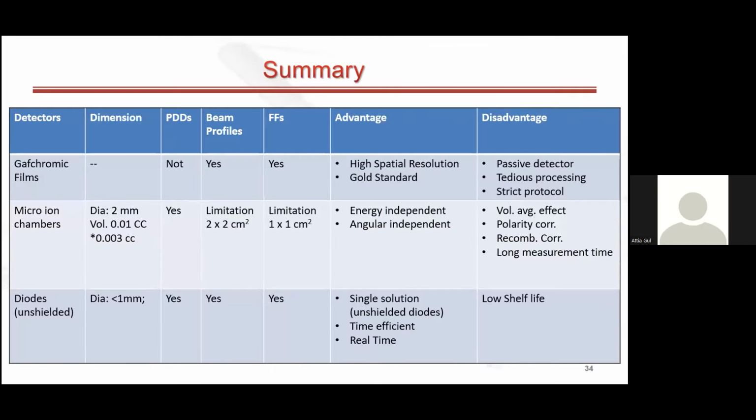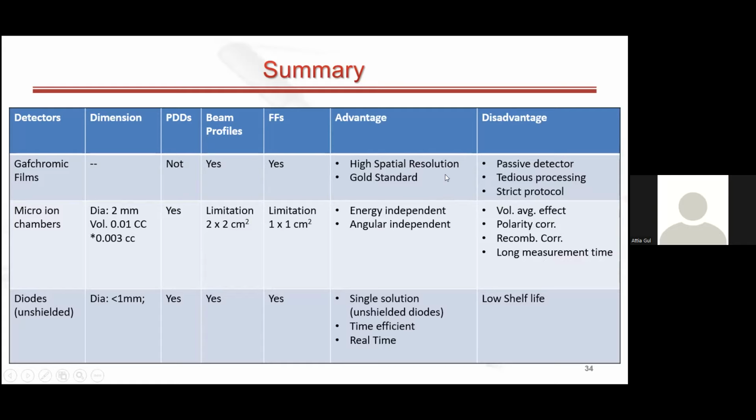So if we see the summary of commonly used detectors that we can use in small fields, starting from gafchromic films, we cannot acquire PDDs, but beam profiles and field factor measurement can be done with gafchromic films.